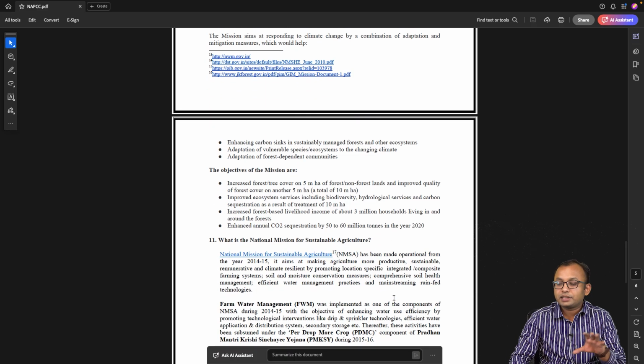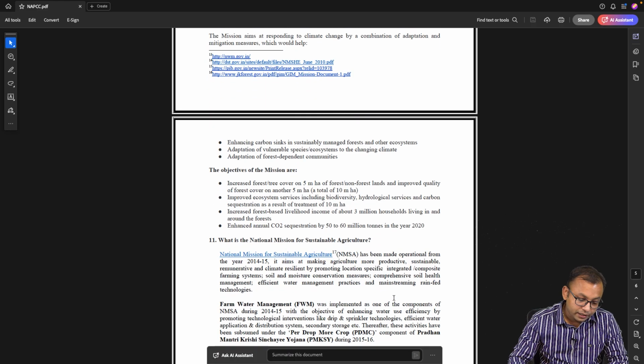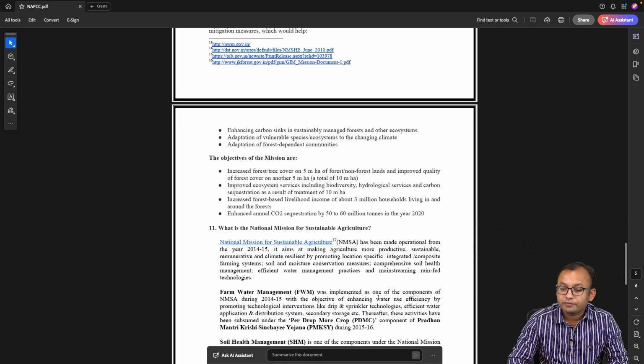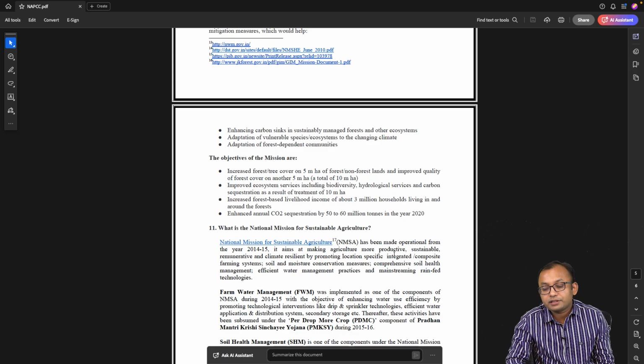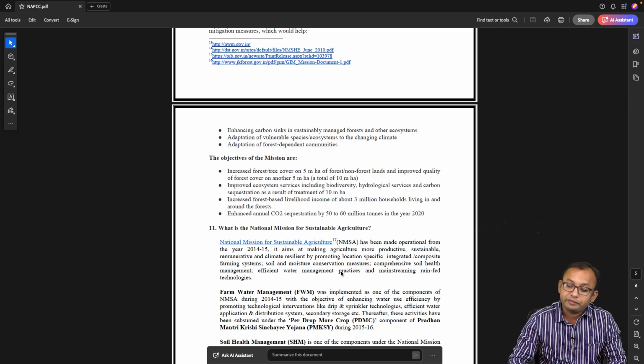Then there is another mission of the NAPCC, the National Mission for Sustainable Agriculture. This is NMSA, which has been operational from the year 2014-15.